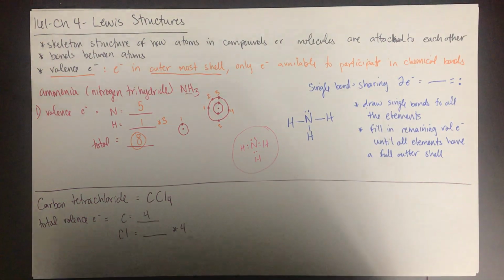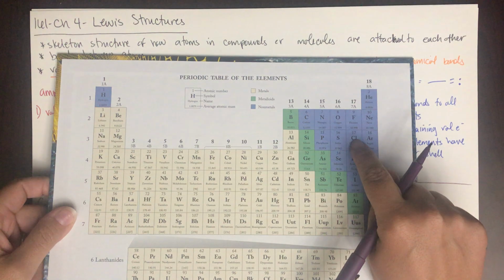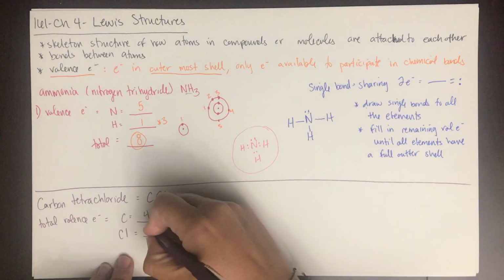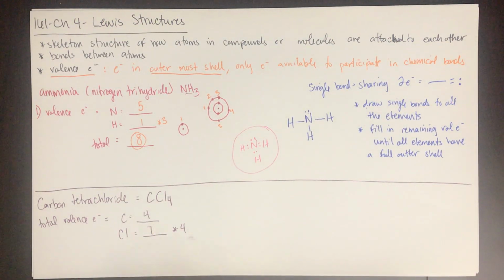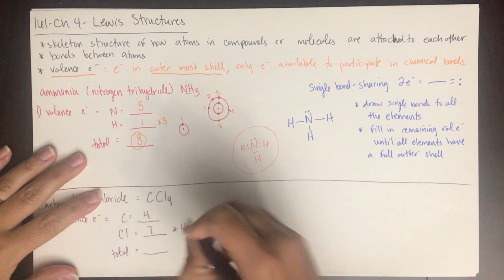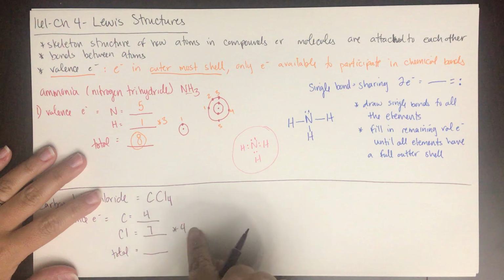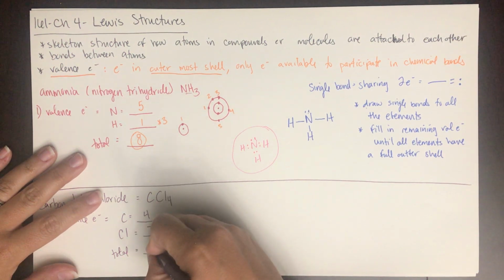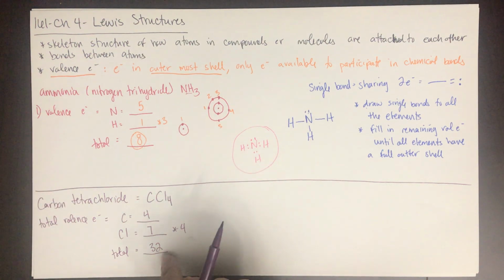Chlorine is in group 7, which means chlorine has 7 valence electrons. So the total valence electrons: 4 plus 7 times 4, which is 28. So 28 plus 4 is 32. So I have 32 valence electrons to distribute.